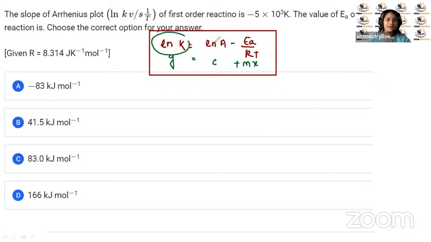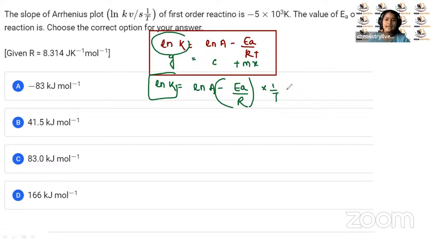So there is ln K versus 1 by T. So I can write this as ln K is equal to ln A minus EA by R into 1 by T, right?